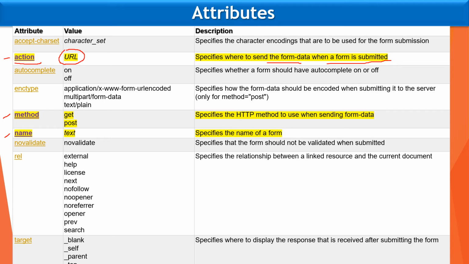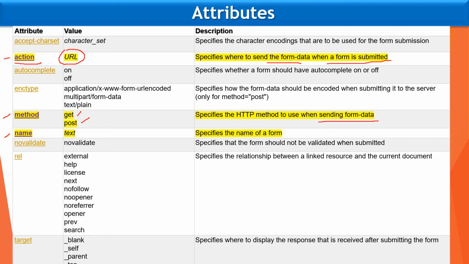The next is a method. A very important attribute is method, which will give the two values, that is get or post. Then it will specify the HTTP method to use for sending the form data. So for form data sending, the attribute method will be used.